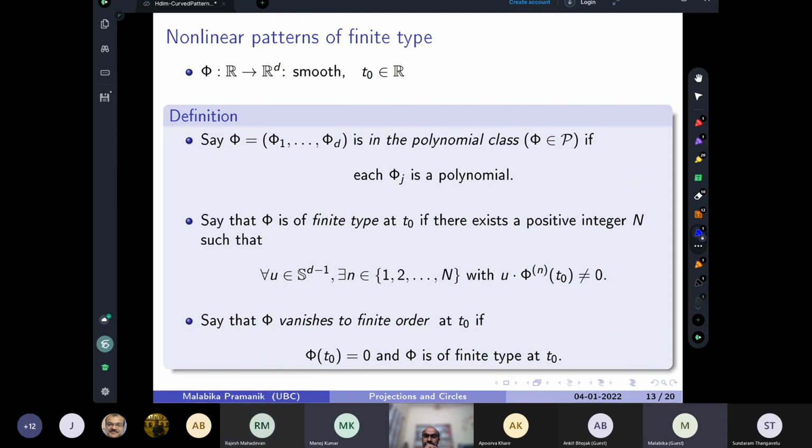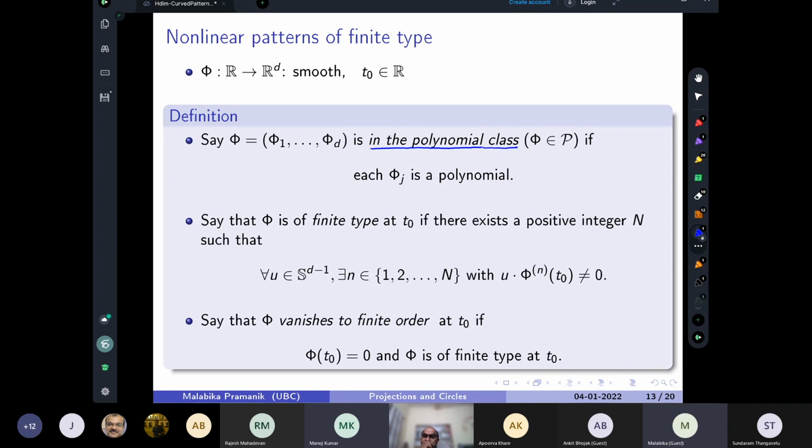All right, so let's continue on with the definitions. So suppose that phi is a smooth function in one variable, univariate but vector valued, and suppose that t naught is a real number. We are going to say that phi is in the polynomial class if every entry phi j is a polynomial.